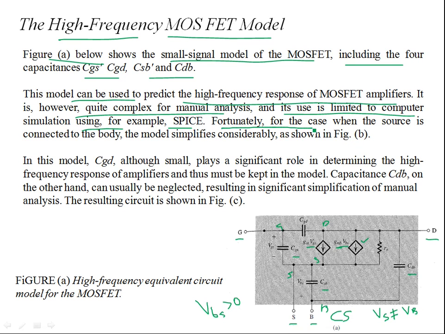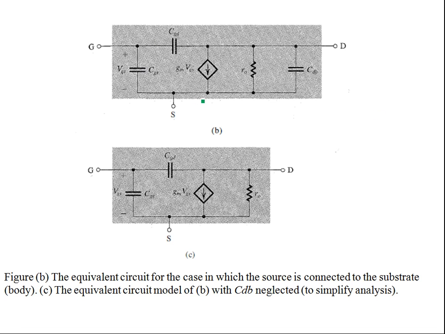Fortunately, for the case when the source is connected to the body, the model simplifies considerably, and that's shown in figure B on the next slide. The first model consists of all the capacitances, for when the source and body are not tied together. But when source and body are tied together, you don't see any other bulk terminal.